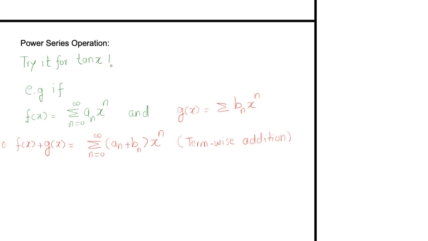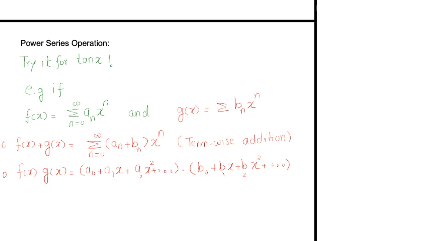Similarly, we can multiply the two functions f of x into g of x, and that will be equal to a naught plus a1 x plus a2 x squared into b naught plus b1 x plus b2 x squared, and so on.